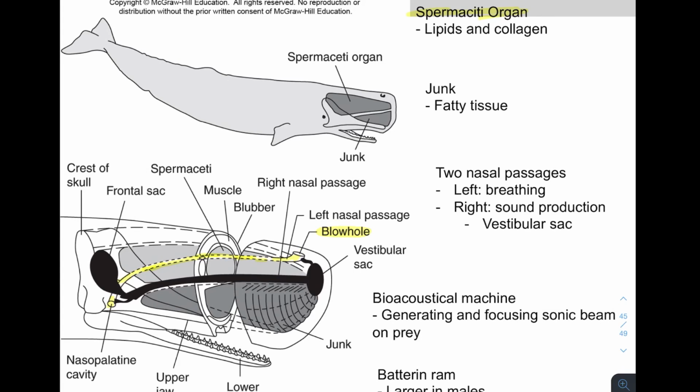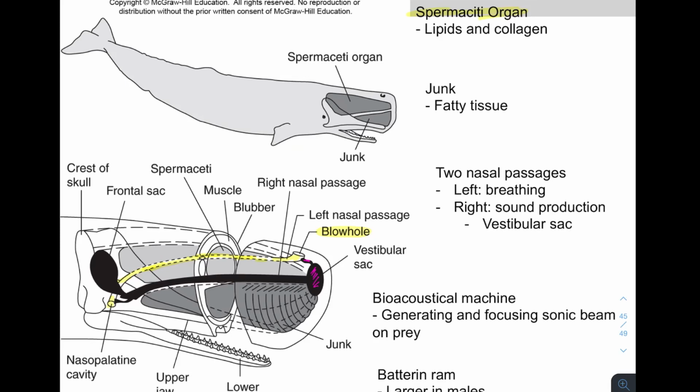The right nasal passage instead is for sound production. So it starts right here and it moves into this front part of the nose called the vestibular sac.